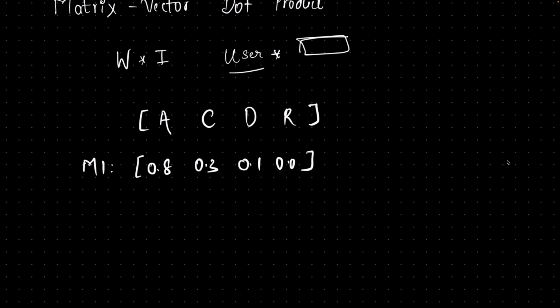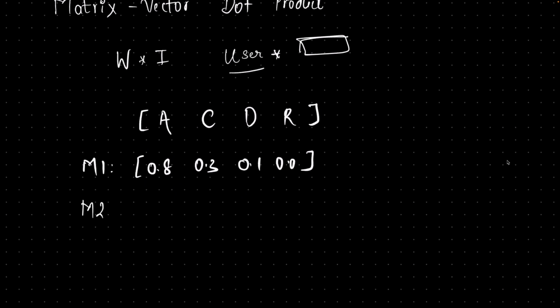So how do you interpret this? For action, the value is 0.8. It means this movie has a lot of action. 0.3 comedy, so it has some amount of comedy and very little drama and no romance. So this is actually an action movie. That's how you interpret these values.